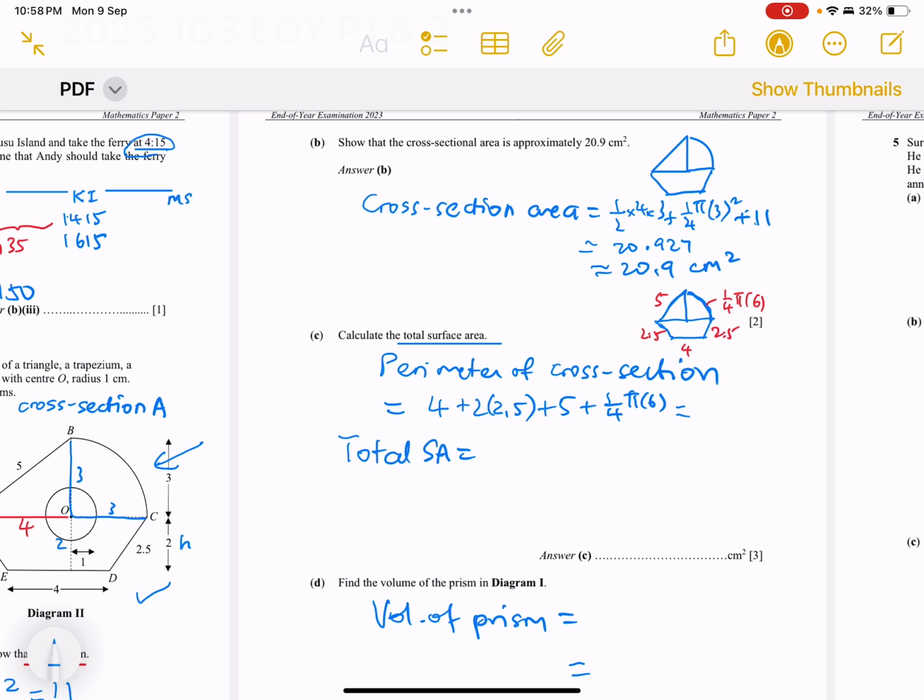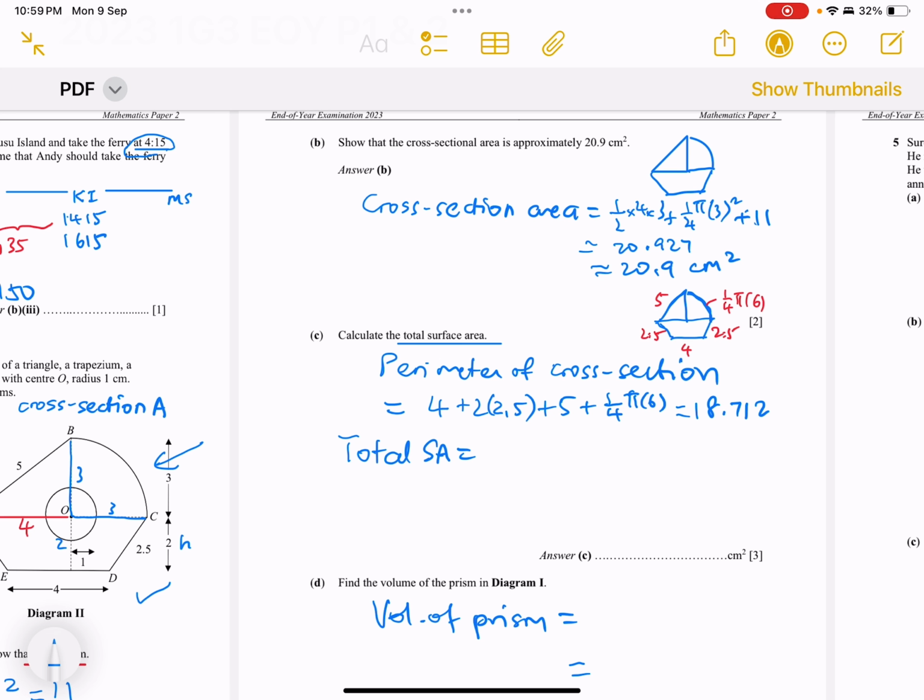Okay, we work this out. The 4 plus 5 is 9, 9 plus 5 is 14. So 14 plus 1/4, 6 divided by 4 multiplied by pi. Okay, so it works out to be 18.712. Always in three significant figures.